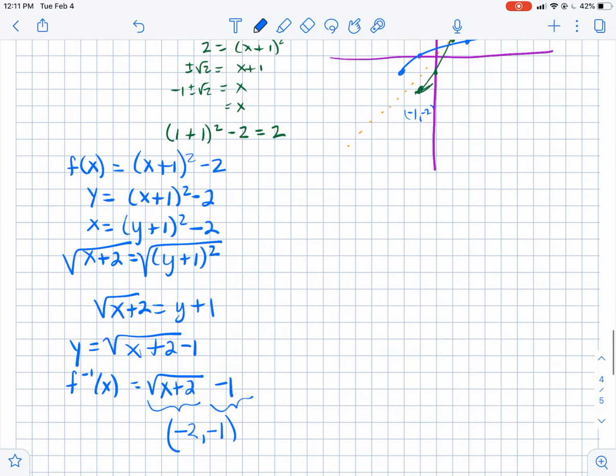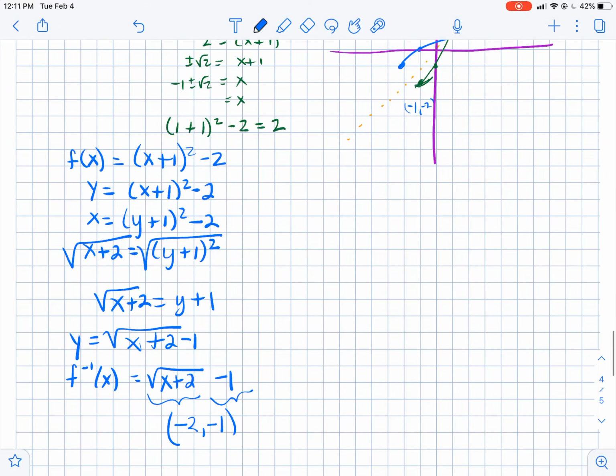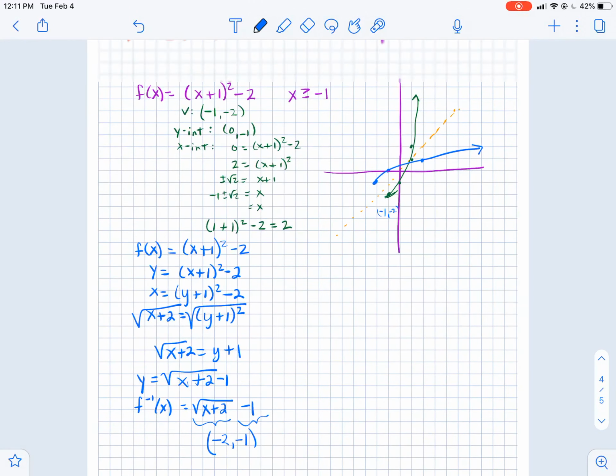If you just had the radical and you needed to graph it, you could do the same thing that we've done before. You could find your x and y intercept by just solving your equations. Okay? So that would be an example of a quadratic with some transformations that happen, and what the inverse would look like.